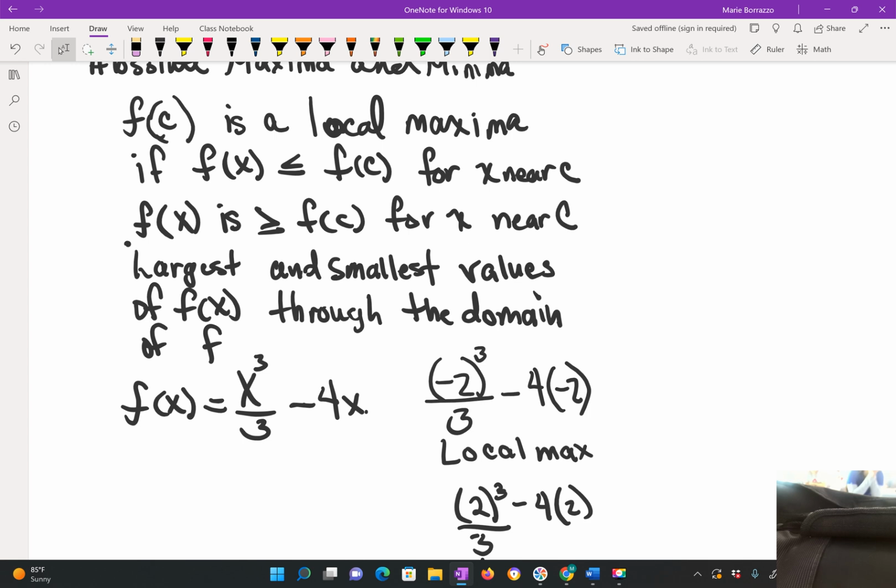I'm thinking, if I differentiate this, what would happen? Let's differentiate this. Wouldn't this be 3x to the second power, times 1/3, minus 4x, which is just going to give us a minus 4?